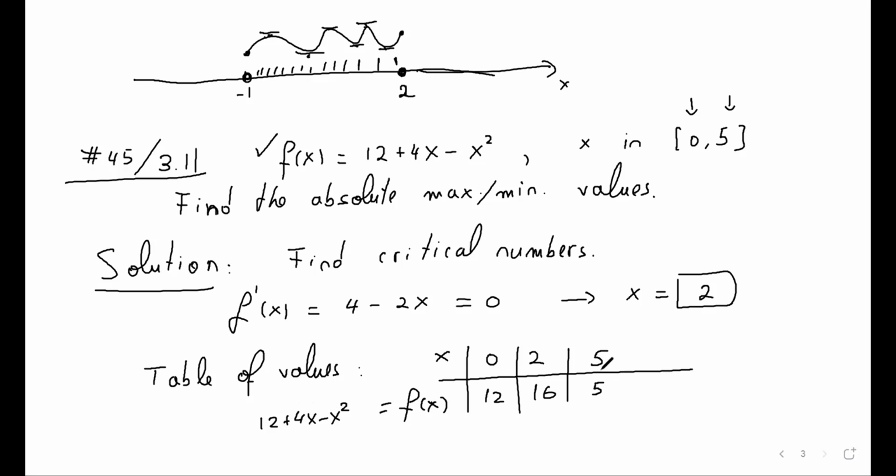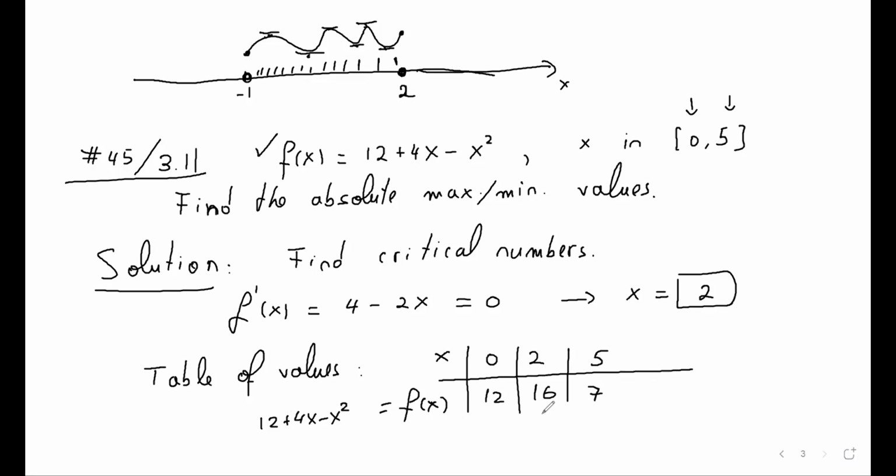No, hang on a second. That's not correct. I'm doing that in my head. Sorry, folks, you need a calculator here sometimes. 12 plus 20 is 32, minus 25. That ends up being 7. All right, so now we have a correct number.